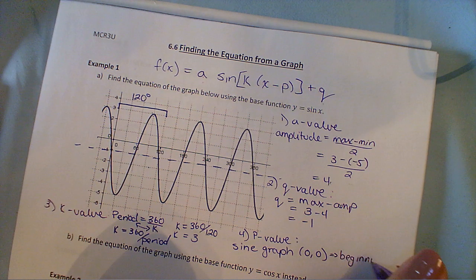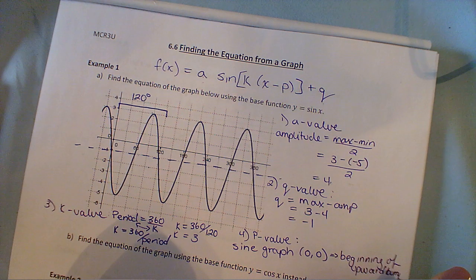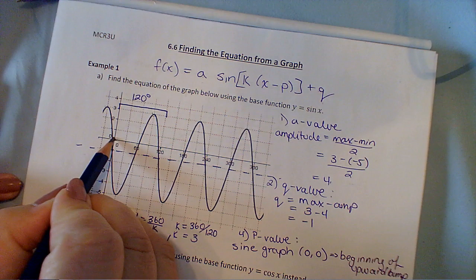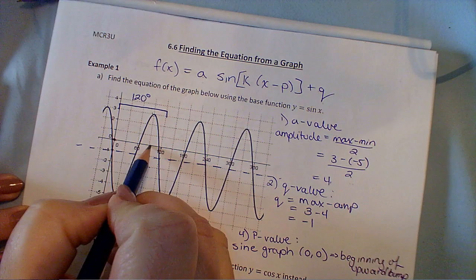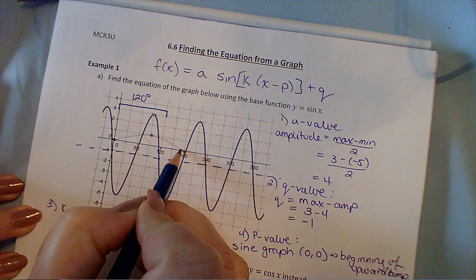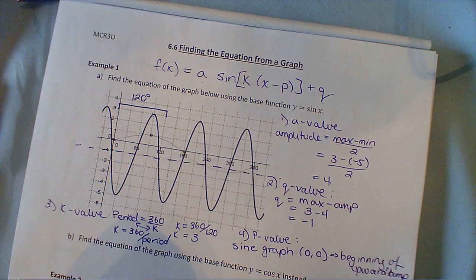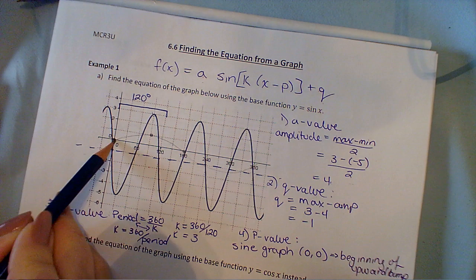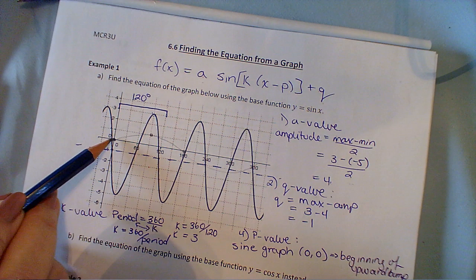If you don't remember what I'm talking about, sine starts at 0, 0, then 90, 1, then 180, 0, goes like this, and then it comes under, and then it finishes, right? So that's regular sine. What we're looking for is what happened to this point right here. So it's the start of the upward bump.